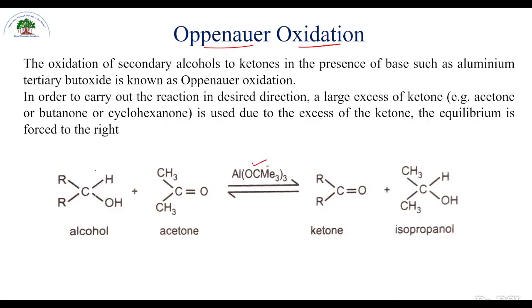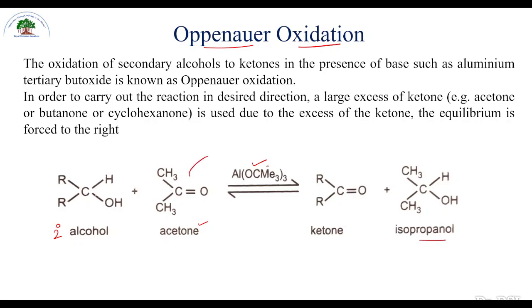So alcohols, particularly secondary alcohols, react in presence of acetone and aluminum tertiary butoxide to give ketone and isopropanol.